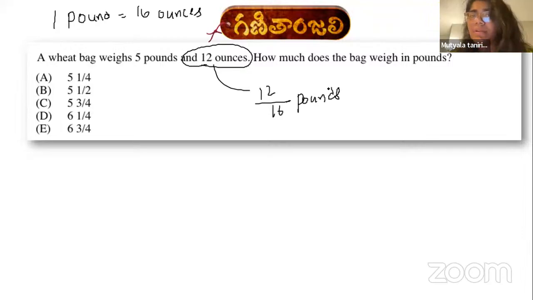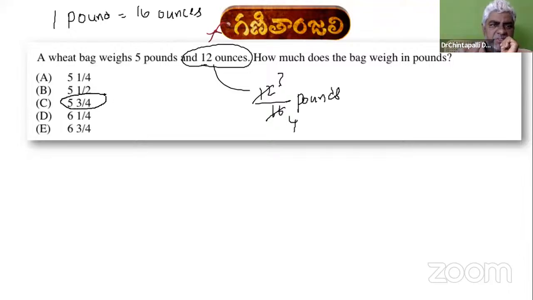So it's 3 by 4 pounds. So 5 and 3 by 4 pounds totally. Is it right? Option C is correct.